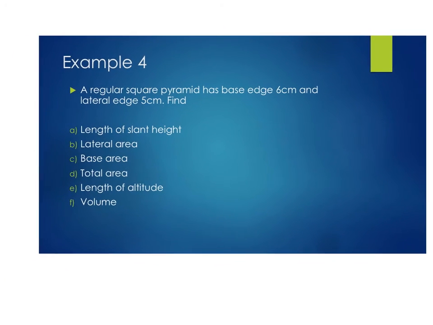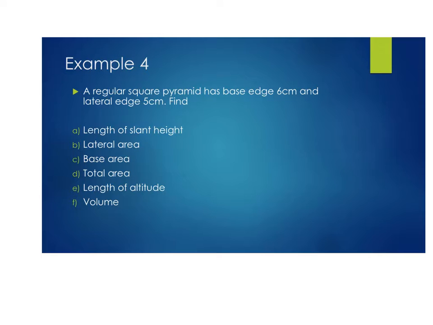Next slide. We have a regular square pyramid. So now we're going to see the pyramids. It has a base edge of 6 centimeters and a lateral edge of 5 centimeters. So let me go ahead and draw a square pyramid here.